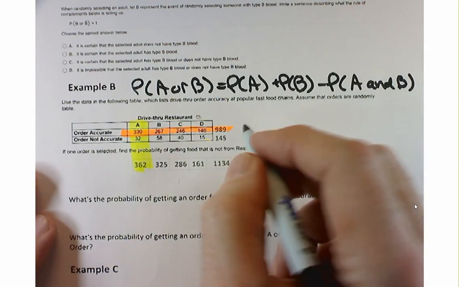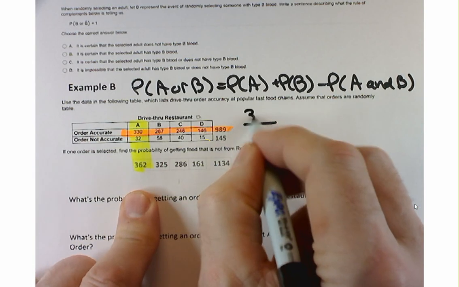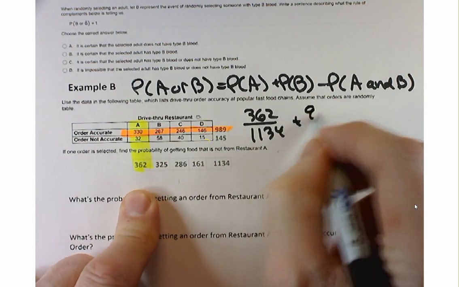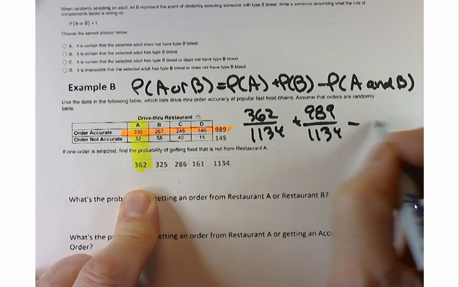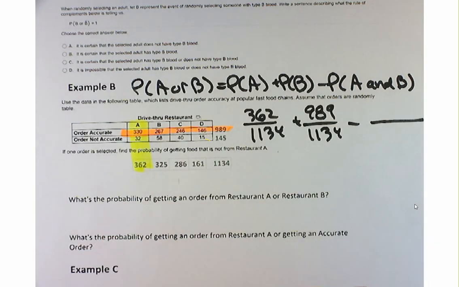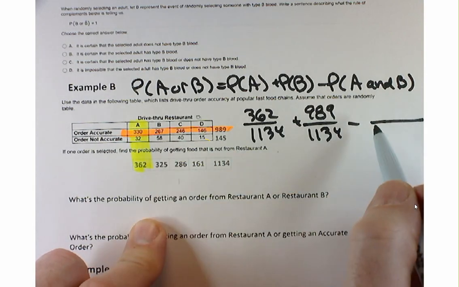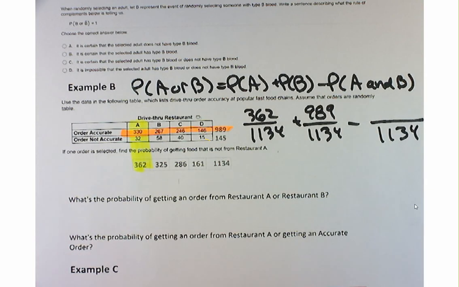So if I do that, here's how it would look. I'll get 362 over 1134 plus 989 over 1134 minus the probability of, I wrote A and B here, but for us it's going to be A and R, the probability of the intersection. What's the probability that somebody got an accurate order at restaurant A? 330.